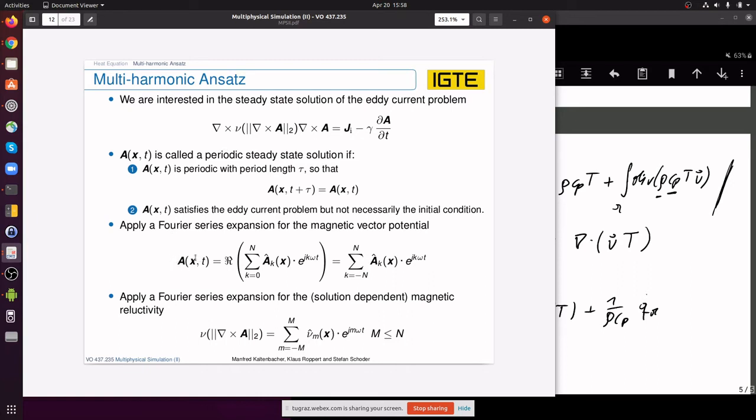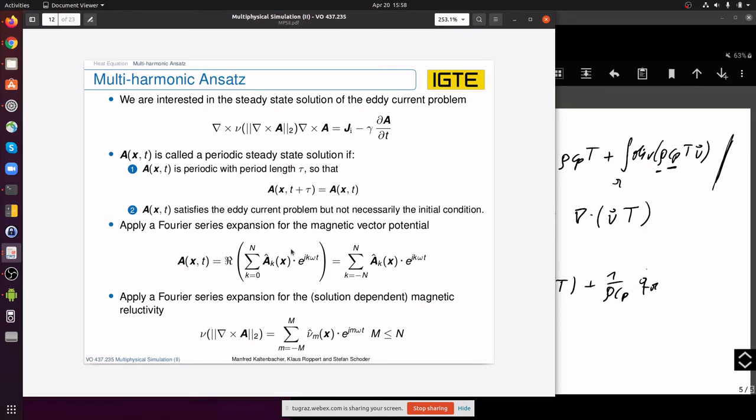So we have this truncated Fourier series of the magnetic vector potential. We can rewrite it to make it a bit more likable to get a good numerical scheme out of it.